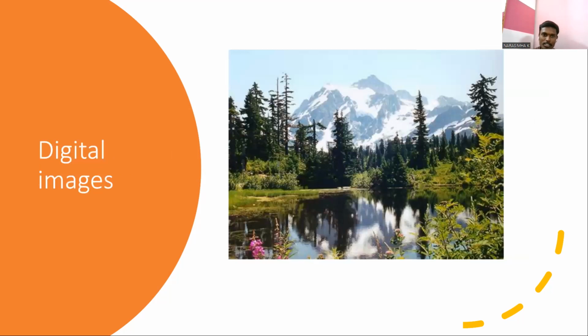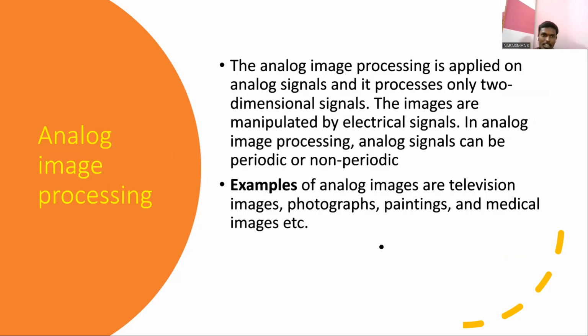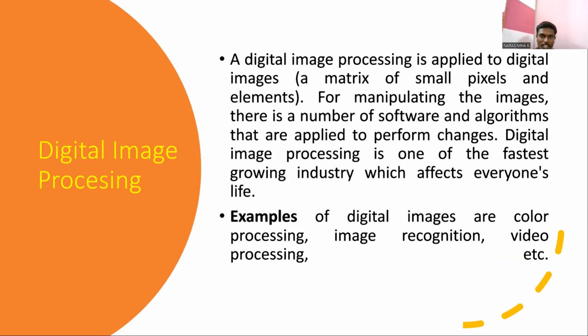Next, this is an example of a digital image. Analog image processing includes photographs and is manipulated by electrical signals. Examples of digital image processing are color processing, image recognition, voice detection, video processing, etc., and many more which can be seen in our digital life. In mobile phones alone, many of these options are there.